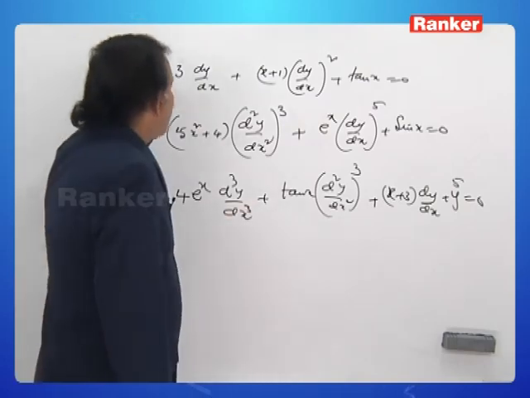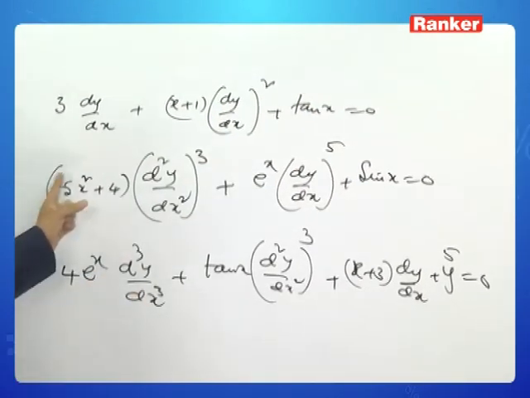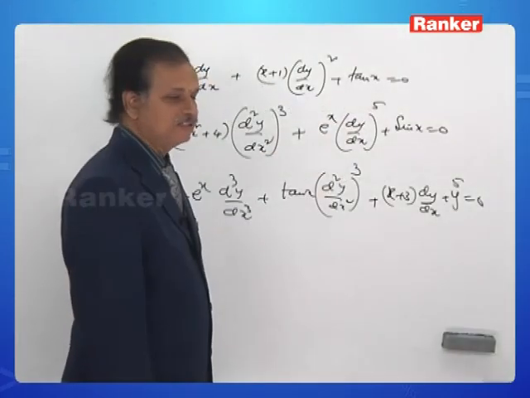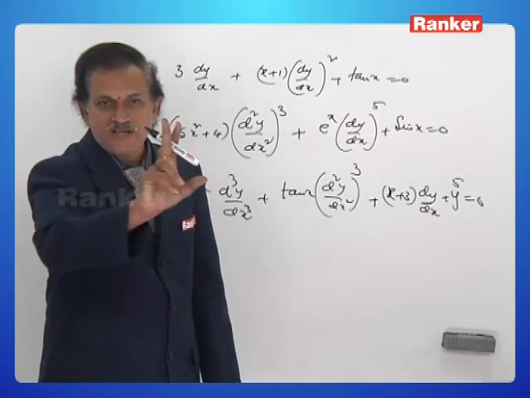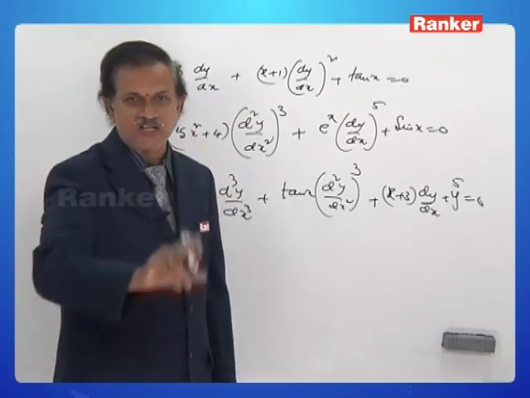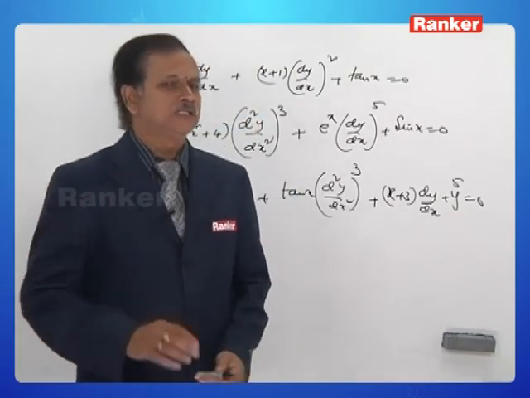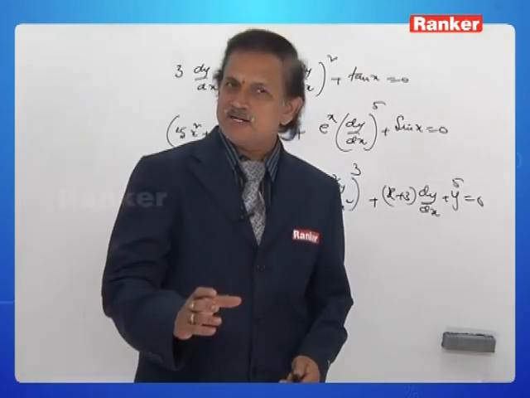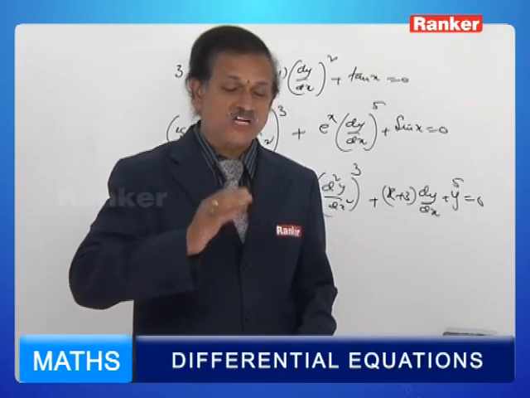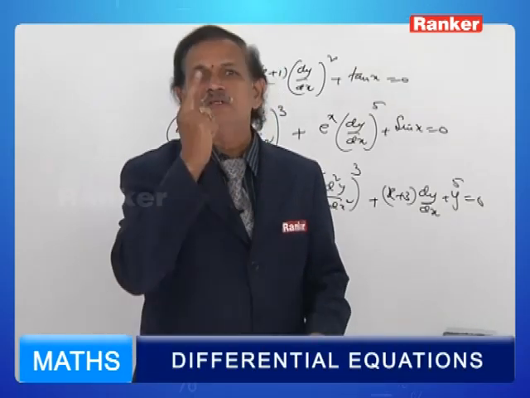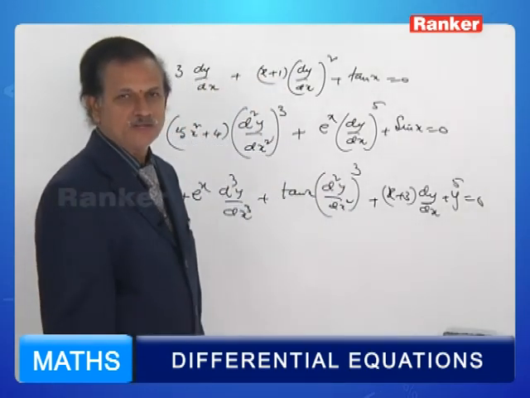Look here, the largest exponent is 2 here. The largest exponent is 5 here. The largest exponent is 5 here. That is not the case to decide the degree of the equation. Now you follow the words. The largest exponent present on the largest ordered derivative is the degree of the equation.